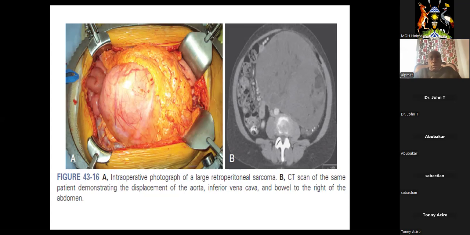It is a conduit for blood vessels, lymphatics, and nerves. It also provides protection to the organs. Even the retroperitoneal organs are protected by the peritoneum.